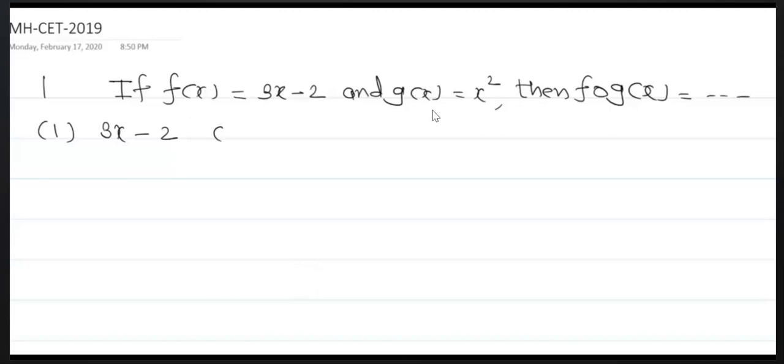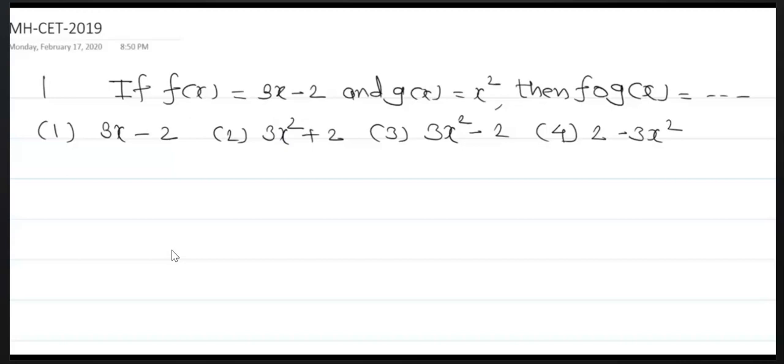The first option is 3x minus 2, second is 3x square plus 2, third option is 3x square minus 2, and fourth is 2 minus 3x square.